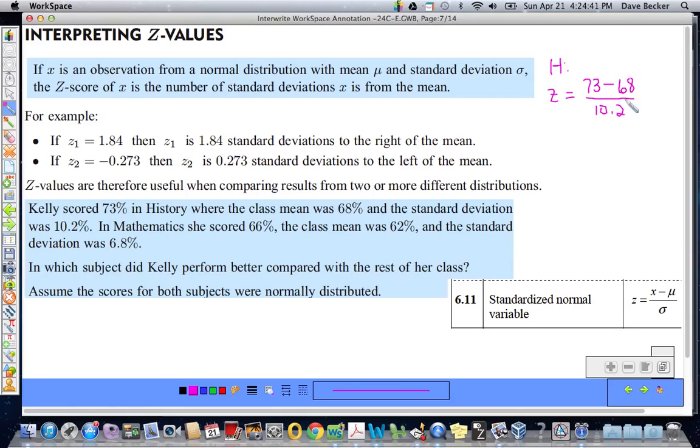And I will tell you that that is about equal to 0.490. Then for math, z-score equals her actual score in math, 66, minus the mean, which was 62, divided by the standard deviation, which was 6.8, and that is approximately equal to 0.588.